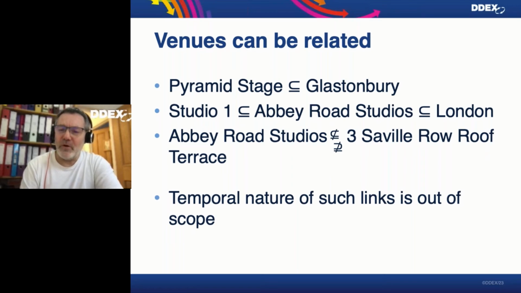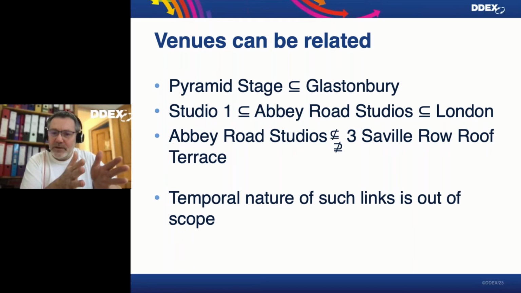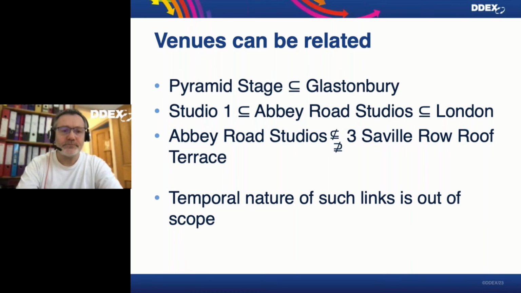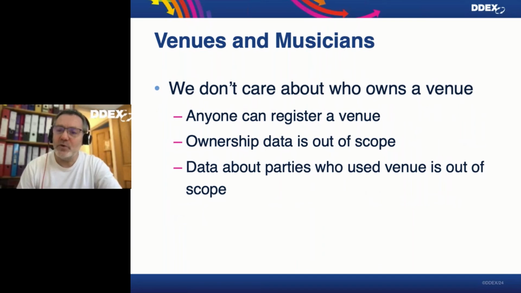Also of no real interest to us, at least at this stage, is the temporal nature of such links. Either a link exists or it doesn't exist. A venue may exist only at a specific period of time, but whether the Pyramid Stage was at Glastonbury from that time to that time, that we don't care. Whether the Pyramid Stage existed for a specific period of time, that is very much important for us. As I said, we don't care who owns a venue. We don't care about who plays or appears at a venue.